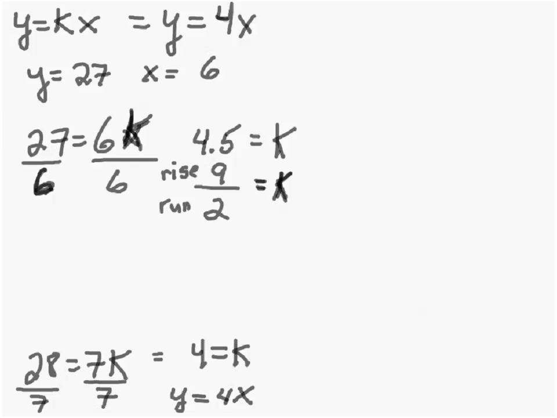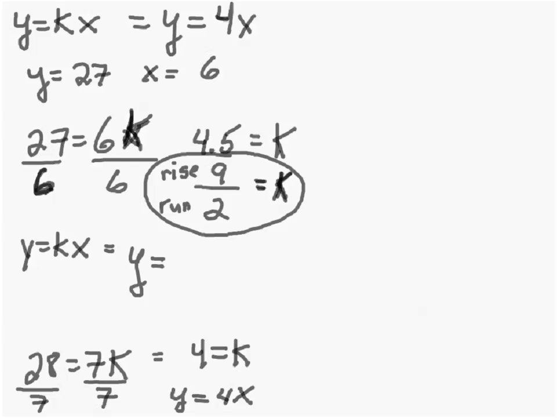Okay, so now if we know our 9 halves is equal to k, plunk that into our y equals kx formula so we know our direct variation equation. So what would that look like? So just put in that 9 halves for the k, and then you're done. Y equals what? 9 halves.